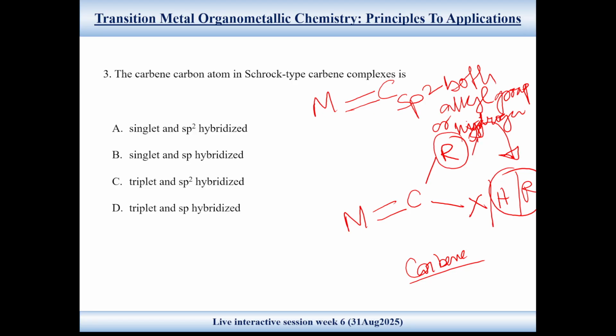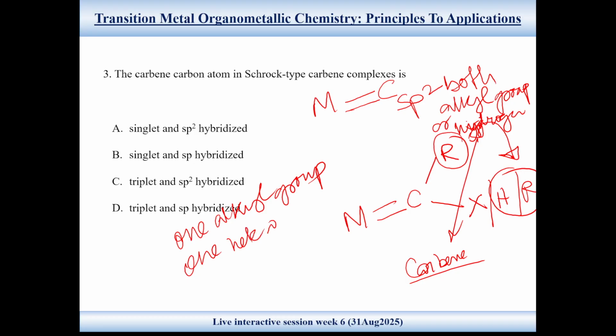What can be the other possibility? It can be one alkyl group and one heteroatom. So these are the possible conditions for the substituents on this carbon.